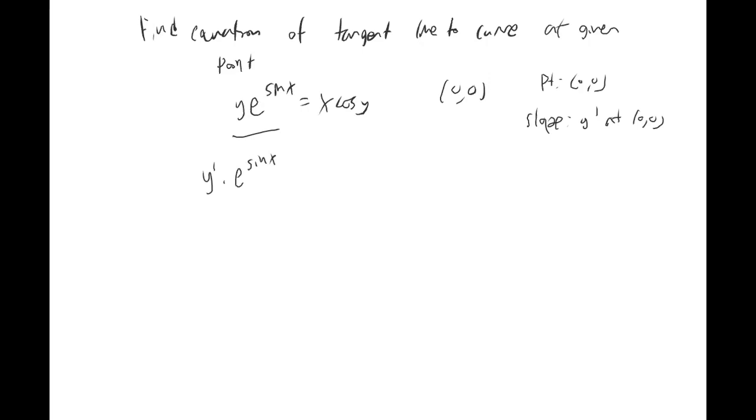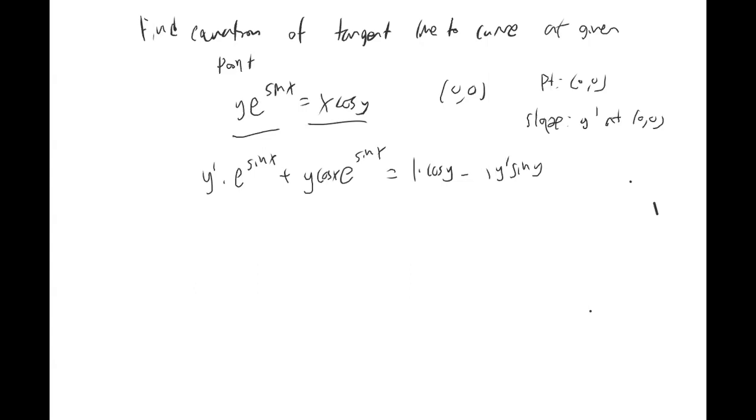Then the derivative of e to the sine x is chain rule, so you get e to the sine x times cosine x, and then I have a y here. Here is also product rule. Derivative of x is 1, so 1 times cosine of y plus the derivative of cosine of y, which is negative sine y, y prime, and then there's still the x.